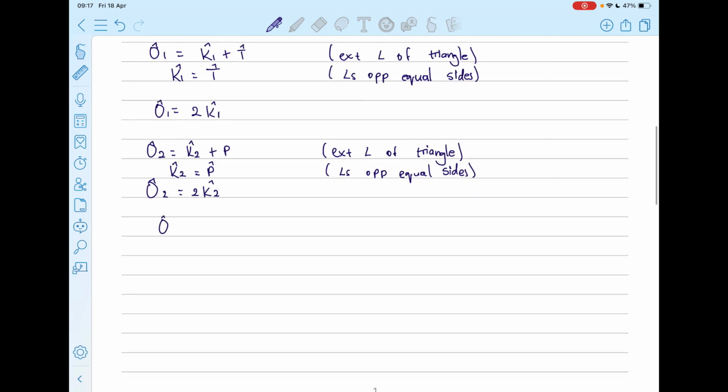So O1 plus O2 will be equal to, so we found O1 to be 2K1 and O2 to be 2K2. So we can now factor out the 2. That's our common factor. So we're therefore left with K1 plus K2.